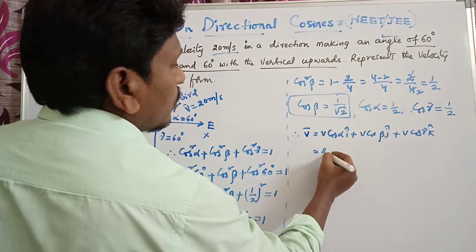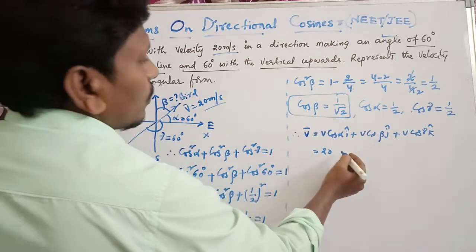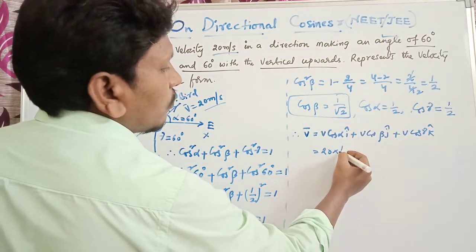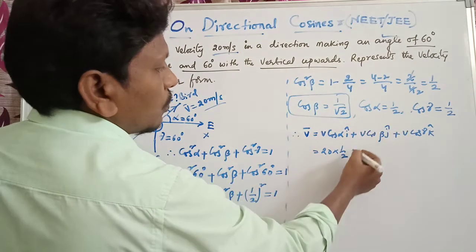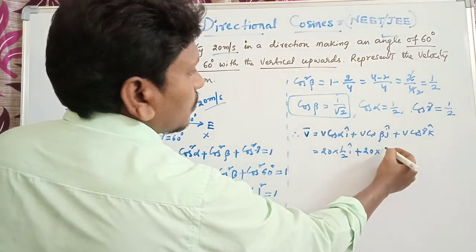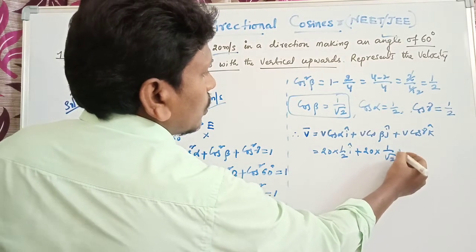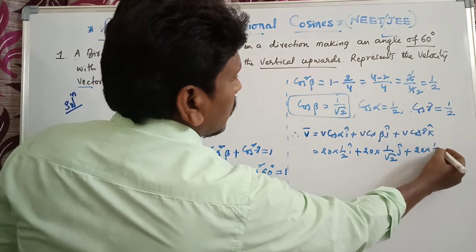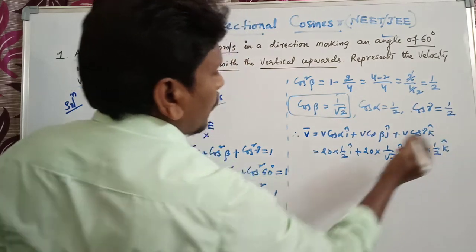So v is nothing but 20 here, 20 meter per second, that is the velocity, and cos alpha is 1 by 2, so i cap plus 20 into cos beta, 1 by root 2, j cap plus 20 into cos gamma, that is 1 by 2, k cap.